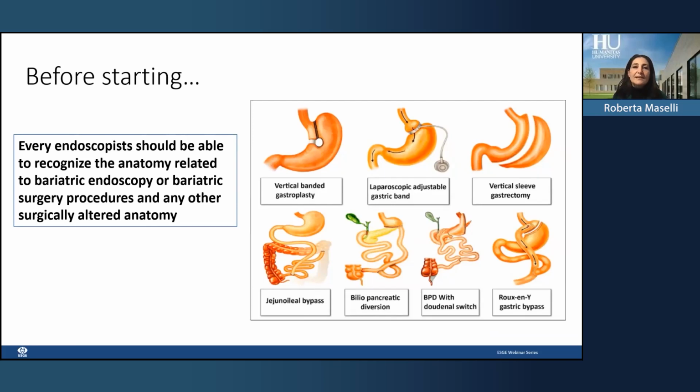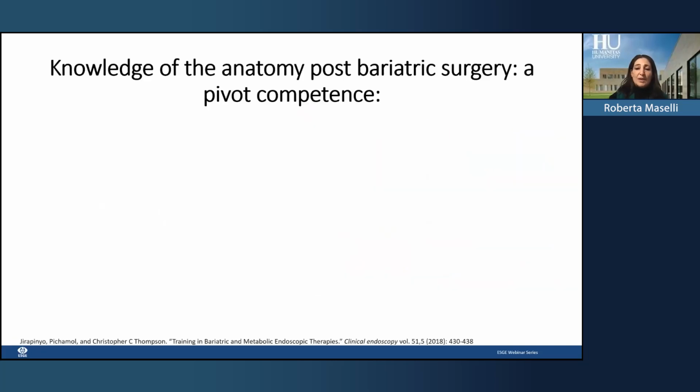Before starting, the basics of what we really have to know are crucial: the endoscopist should be able to recognize the anatomy related to the bariatric surgery procedure, and also any other surgically altered anatomy. This is a pivotal competence, but sometimes we have an anatomy that is different from what we think it should be.